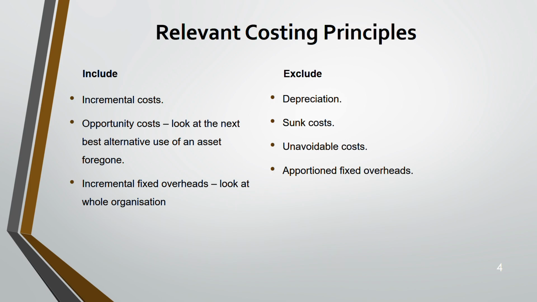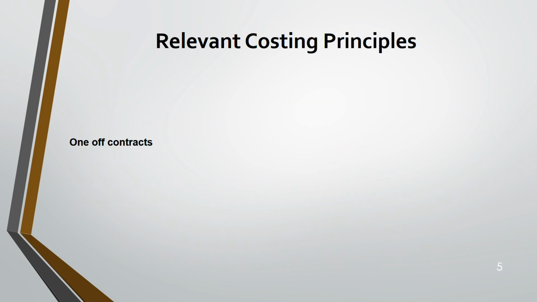Every company will have some type of risk or cost, no matter whatever strategy you apply. Those types of cost, exclude. Apportioned fixed overhead, exclude. Financing cash flow interest, exclude. You have to know both the exclude and include lists. Sometimes students often make this mistake: they include the things which they should have excluded.